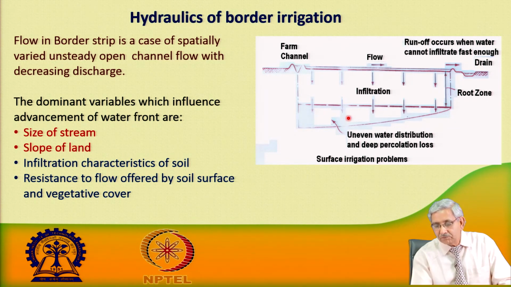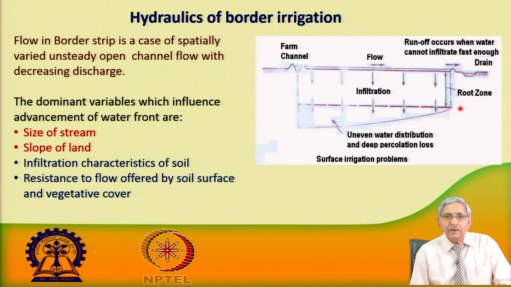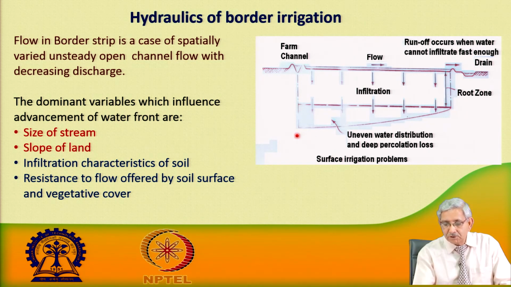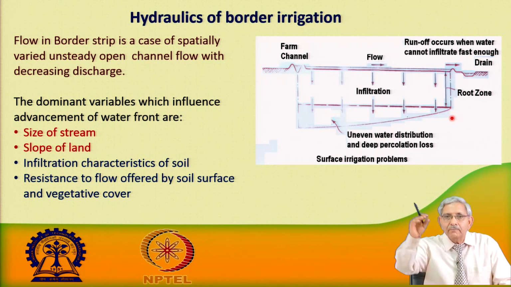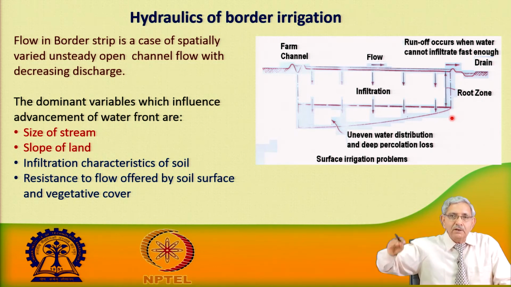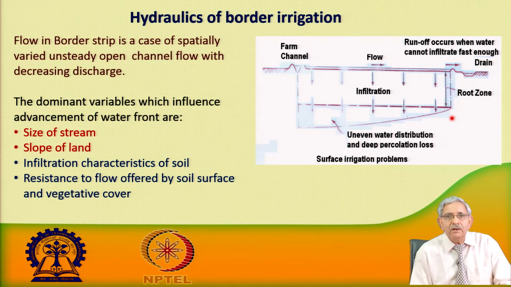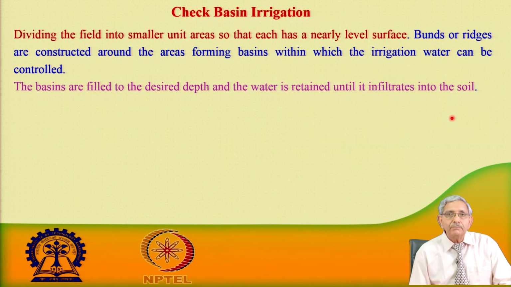So, this is uneven distribution, and when it is not properly designed, you may find that at the upstream end the water will go deeper, and at the downstream end less. This will be the infiltration trend from the upstream end to the downstream end of the border.